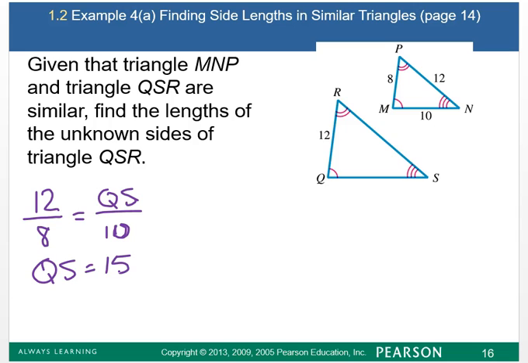Now do the same thing. We know the two sides that correspond, 12 over 8, and that is equal to RS over PN, which is 12.